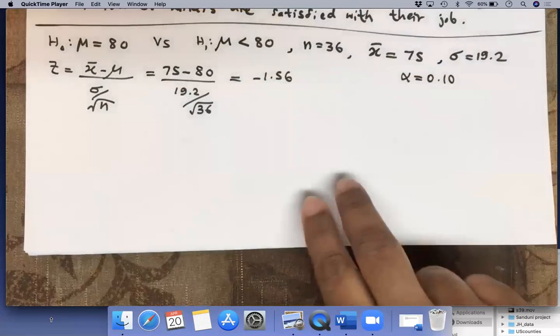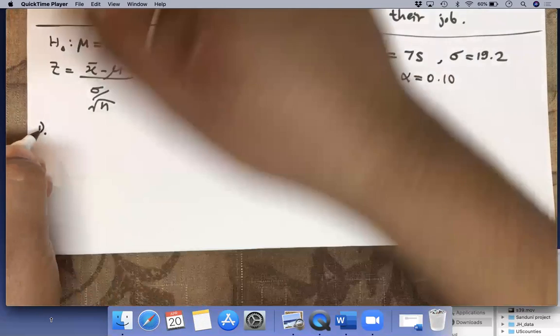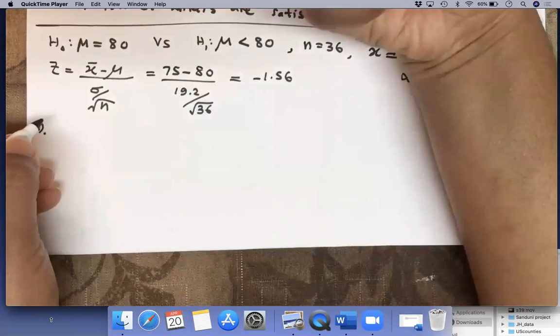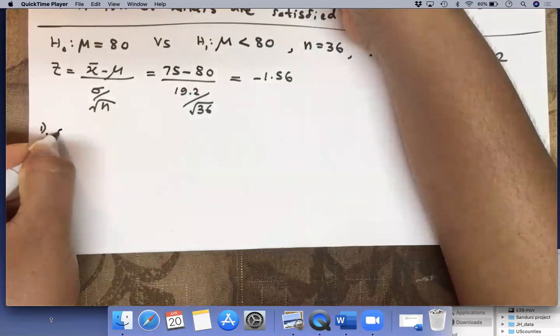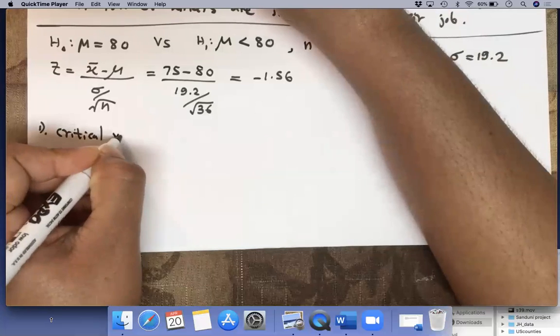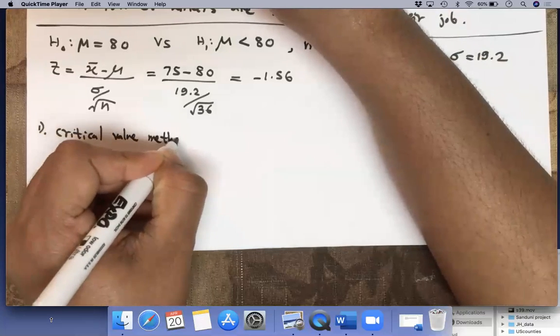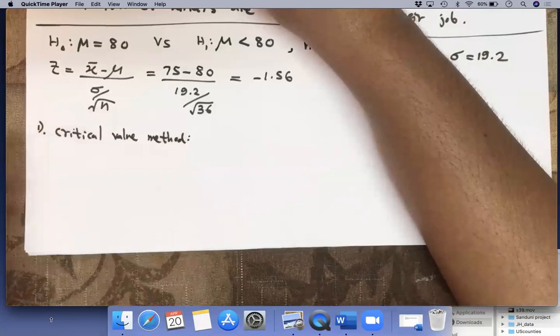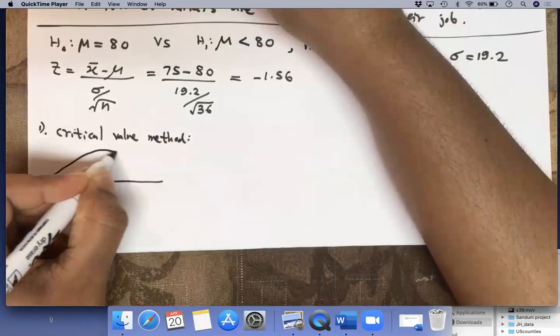Now I will use the critical value method as my first method.